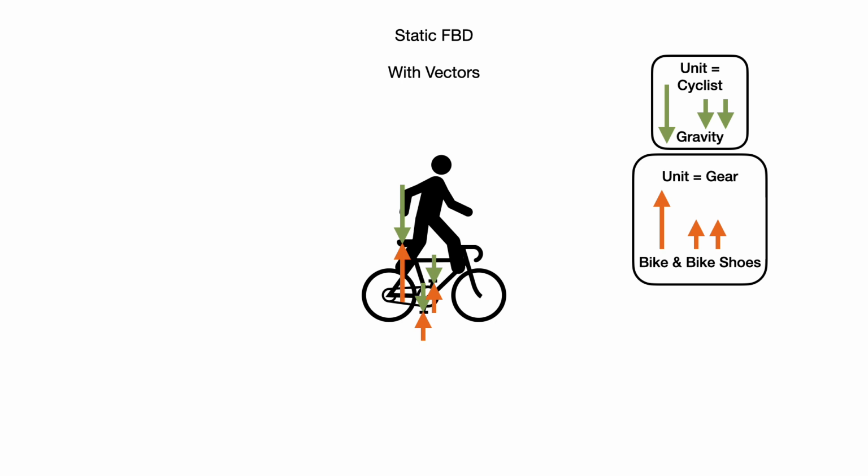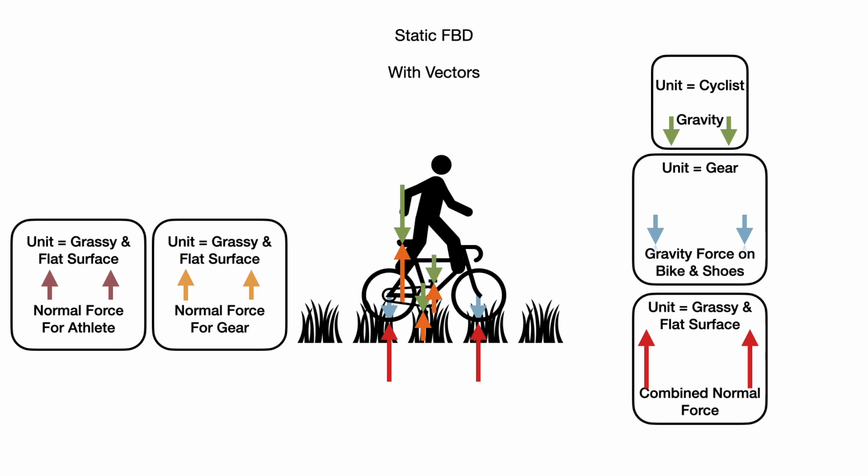So instead of just having two vectors under their feet, like if they were walking or standing, that same overall magnitude is going to be applied to three places: the saddle and the pedals. All right, and for the interaction between the bike and the cyclist, it's just going to be equal and opposite. All right, cool. So we've got a whole bunch of vectors here, and we're going to clean it up.